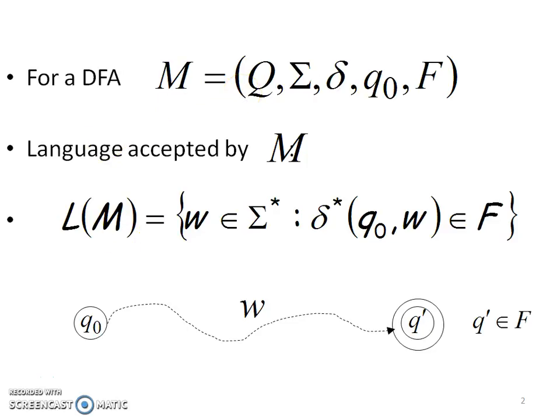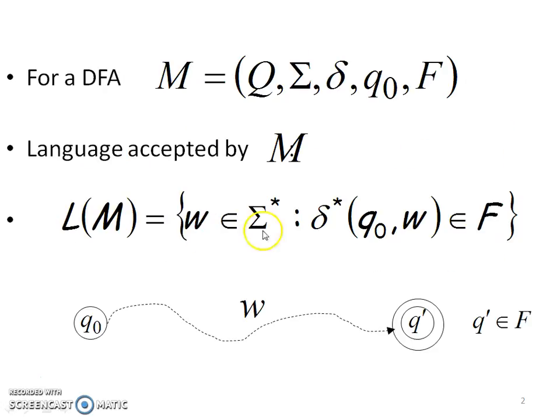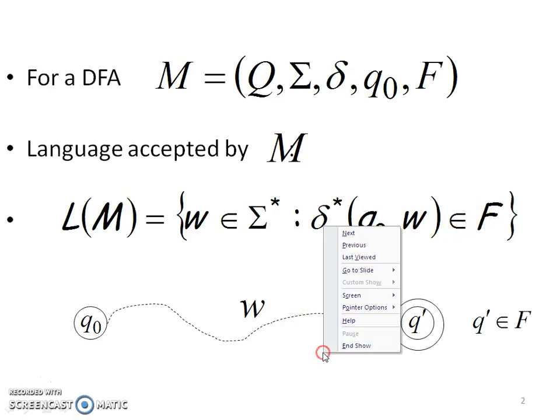we say that a language is accepted by M if it accepts all strings W such that delta star of Q0, W belongs to F. Now what does that really mean?